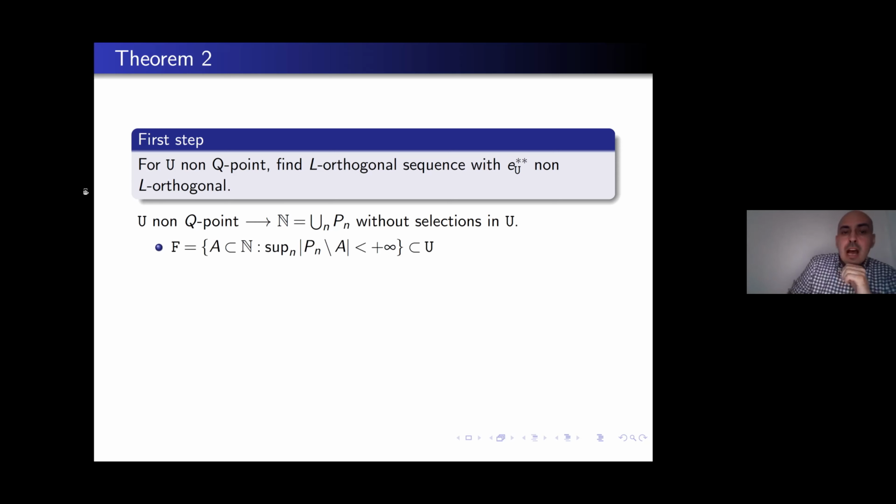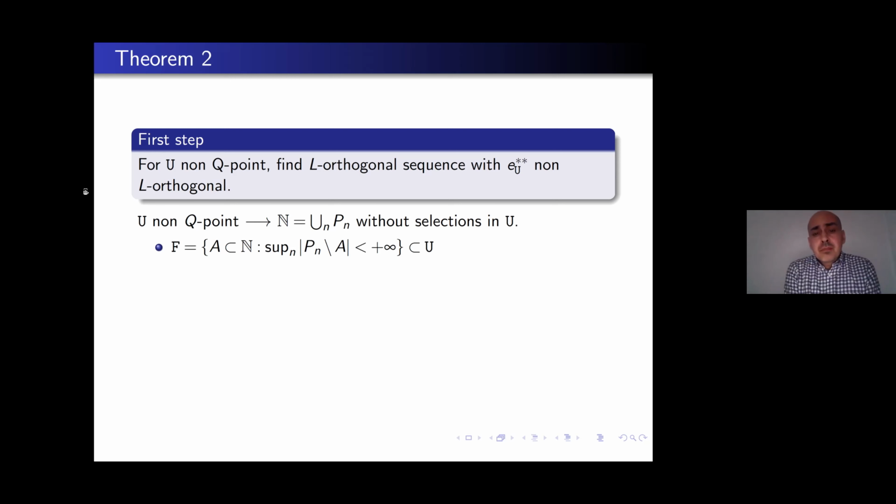Okay, so now once I have this, I can consider this filter, which is all the subsets of the natural numbers such that when I remove A from each piece, I get a uniformly bounded sequence of cardinalities.